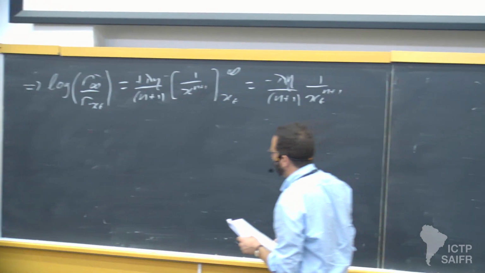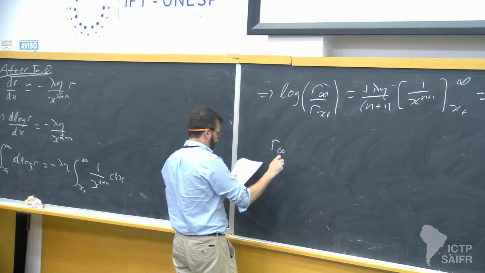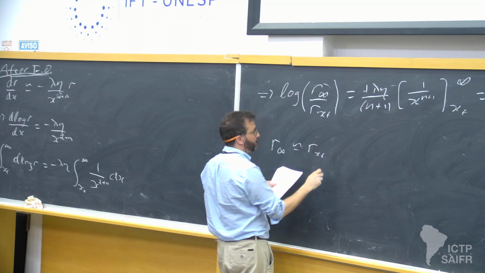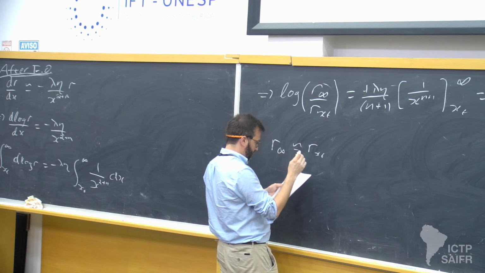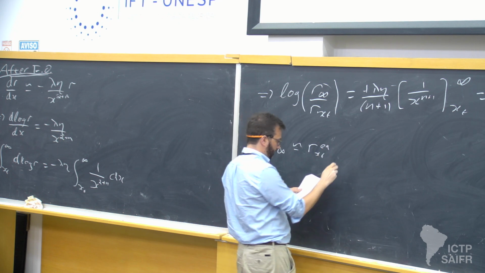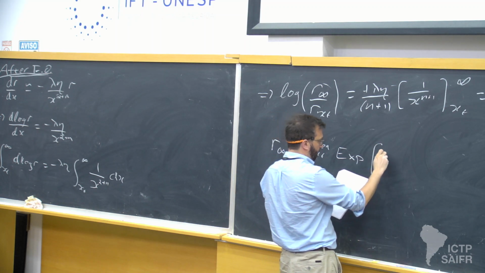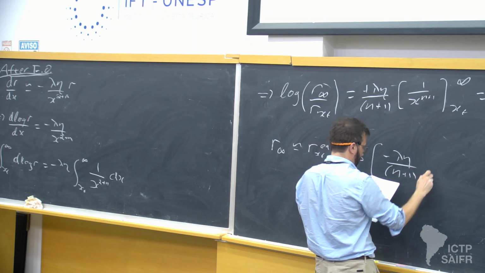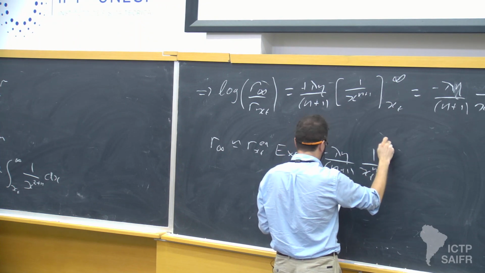Or in other words, R infinity will be roughly R at x freeze out, and I'm going to approximate this as the equilibrium value even, times exp of negative lambda eta on n plus 1 on xf to the n plus 1.